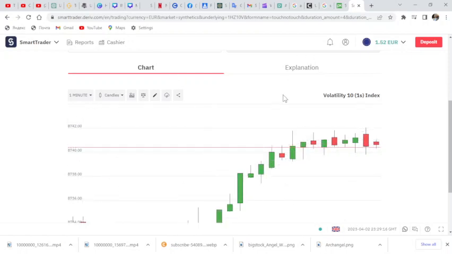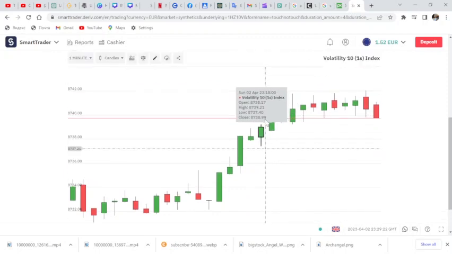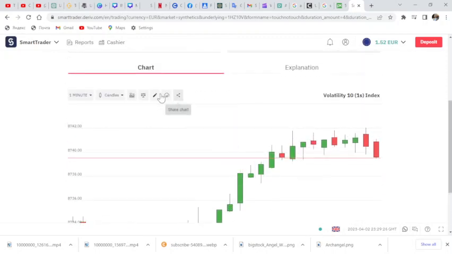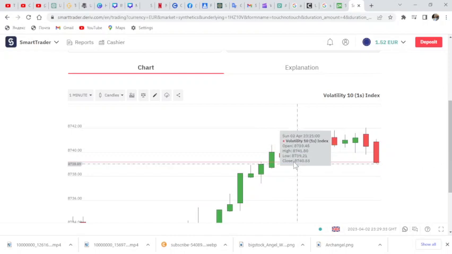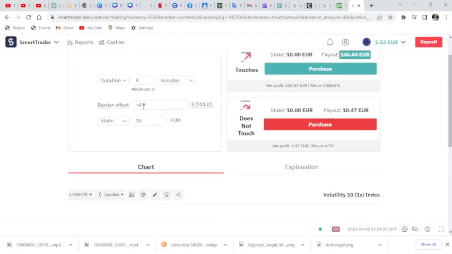From here we can see that this market is in an uptrend, right? It's trying to break out. If the market is in an uptrend, you put a negative here.